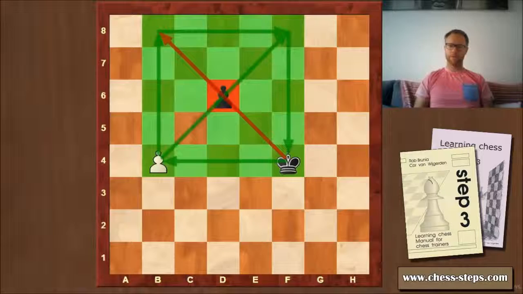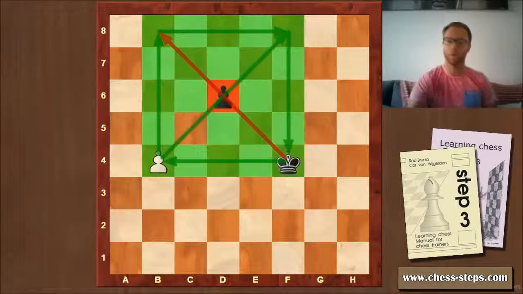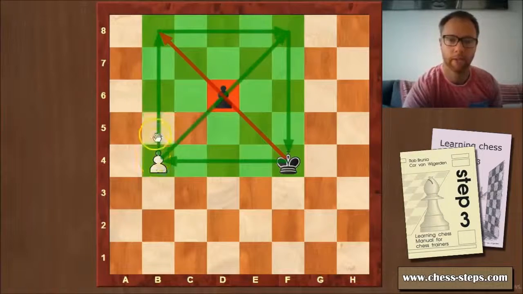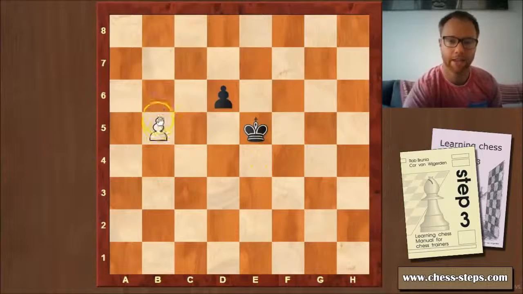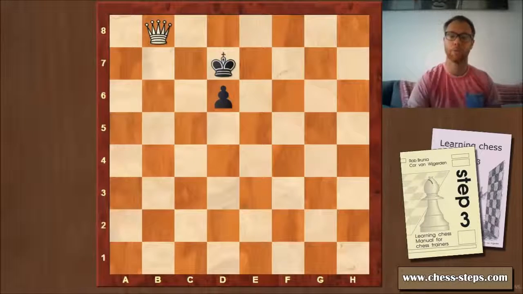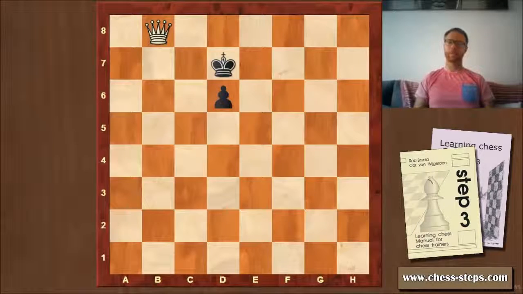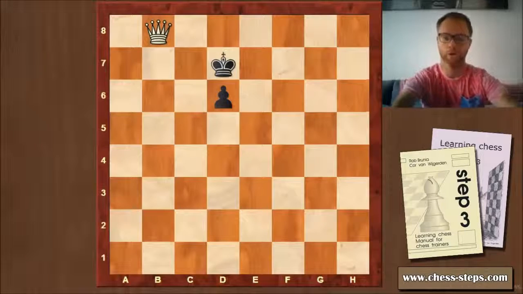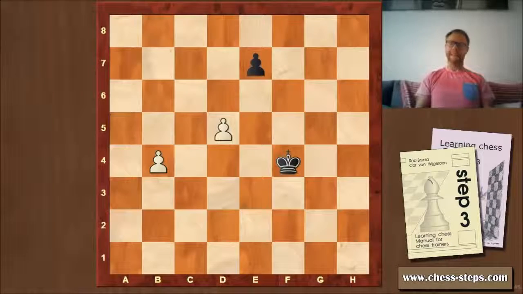If the fastest route inside the square is blocked, then the concept of the square of the pawn doesn't work, because the opposing king needs to take a detour, causing it to be too late to stop the pawn. So if the fastest route is blocked, the square of the pawn doesn't work. And that's something that you can use to your advantage if you're trying to promote a pawn.